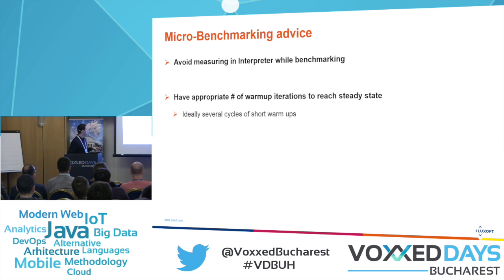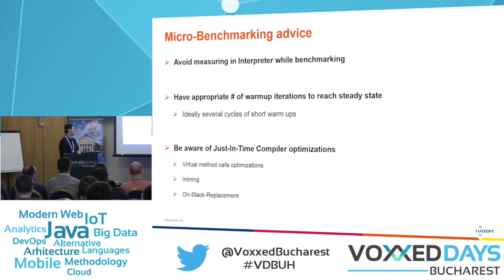If you know how to do warm-up iterations, do them by choosing the appropriate number of iterations. And ideally, have short cycles for those warm-up iterations, and be aware of just-in-time compiler optimization, optimization of virtual calls, inlining, and on-stack replacement.